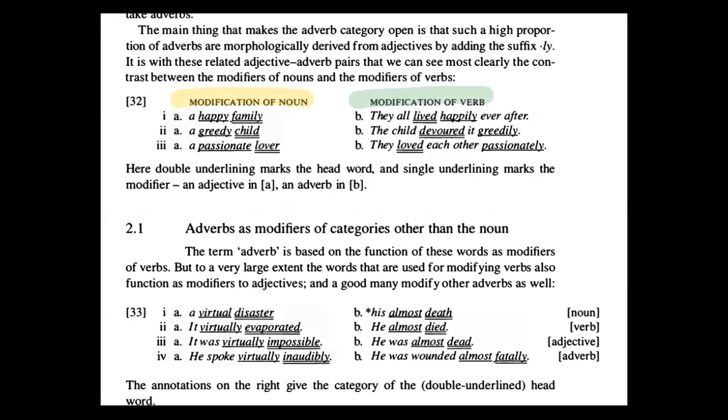Okay, let's start with the noun. A happy family. So here happy actually, what is it? Try to think about it. This is an adjective, that's right.